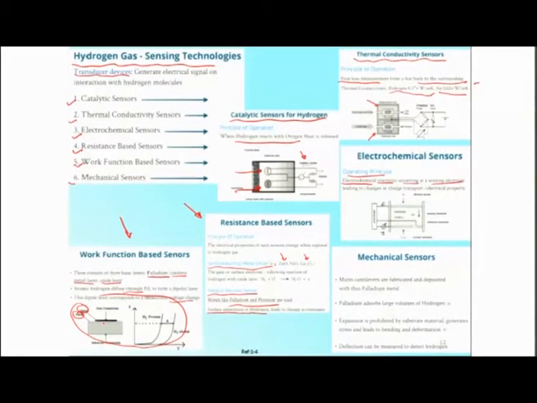There are also mechanical sensors which are used in hydrogen gas sensing. One of the most important mechanical sensors are micro cantilever sensors, which are based, again, on the principle of differential surface absorption. So if you have reactions being carried out on two surfaces with different surface energies, sigma 1 and sigma 2, this sensor will automatically bend because of such a difference, according to the theory proposed by Stoney.